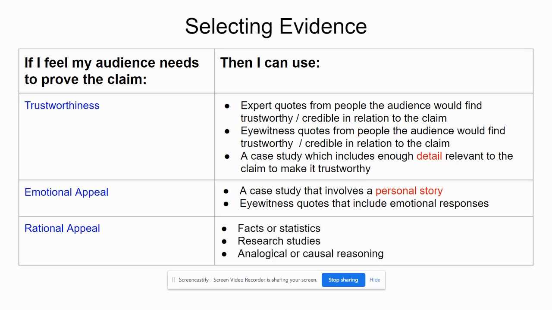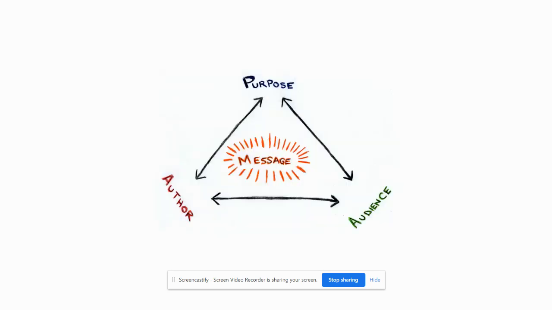If you feel that for this claim your audience needs some rational appeal, then facts or statistics will work, finding some research studies or analogical or causal reasoning. So the way this strategy works is you ask yourself 3 simple questions to make use of this matrix and the types of evidence.